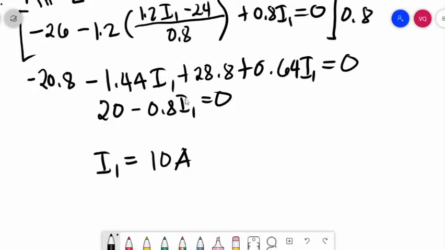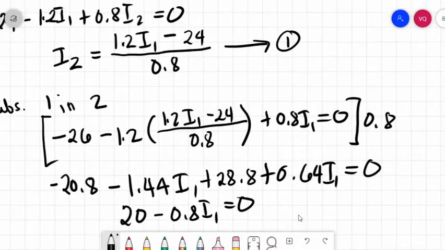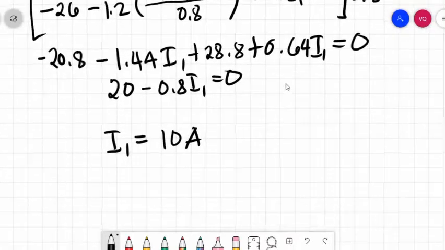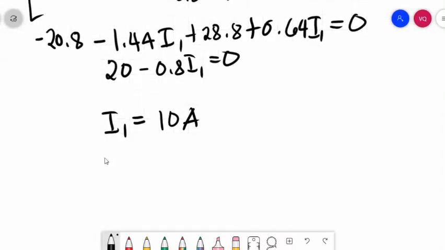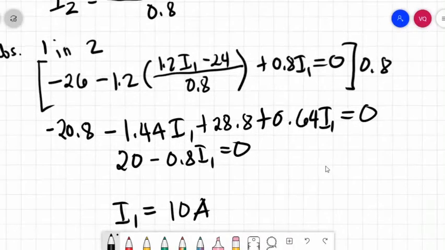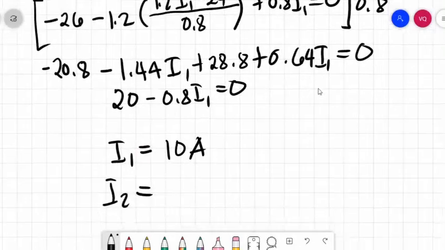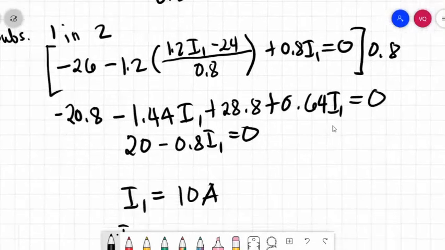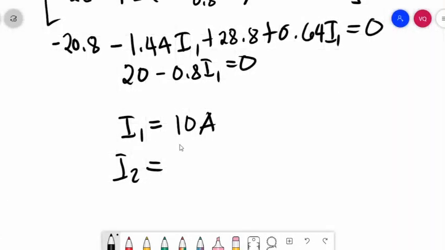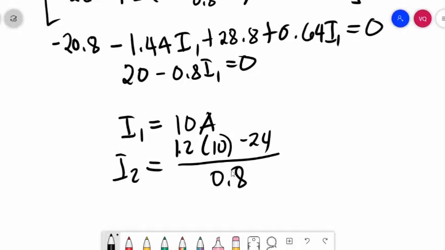Next, we will solve your I2. We will use equation 1 to solve for I2. So, I2 is equal to 1.2 I1 minus 24 divided by 0.8, so 1.2 times I1 is 10 minus 24 divided by 0.8.